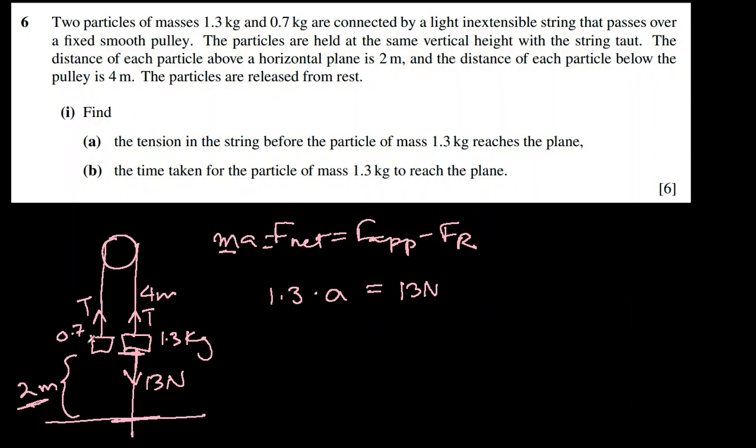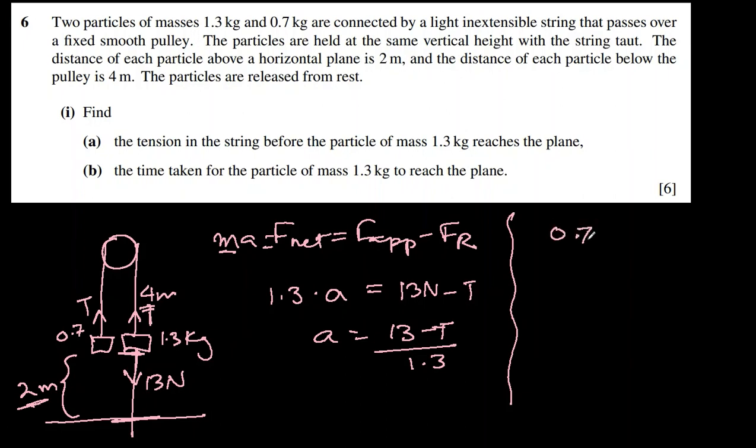Because we are focusing on only this end, we will not look at the 0.7 kg particle. The tension is the one which will try to stop it, that is the resistive force. So acceleration becomes (13 minus T) over 1.3. Same thing for the other mass, 0.7 kg: 0.7 A equals the applied force.